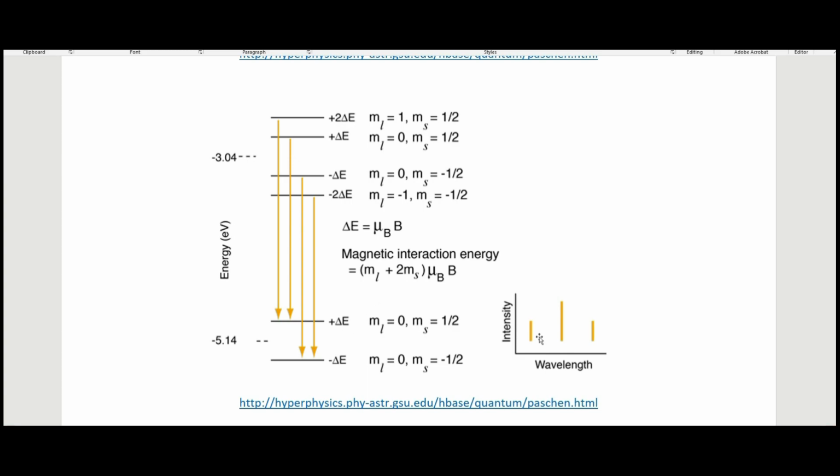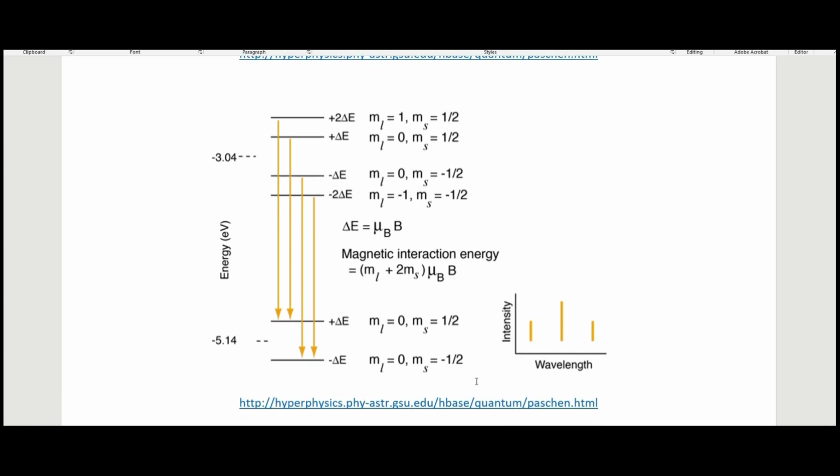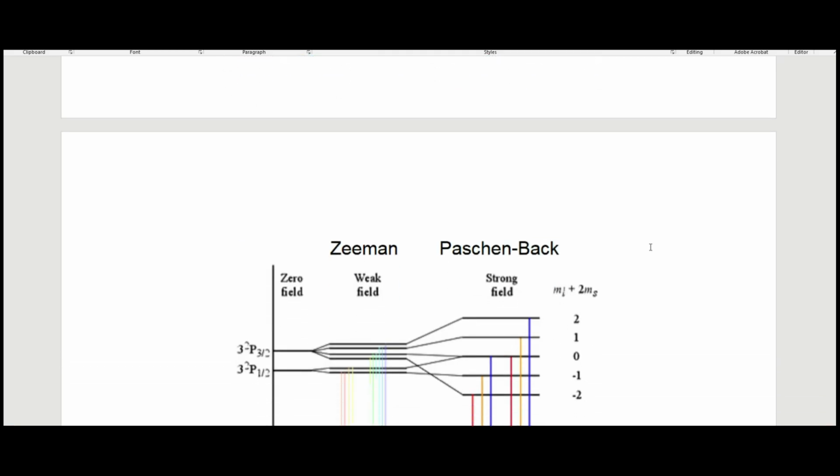And so what we actually see, we get these three lines, but this center one here is actually greater intensity. And so again, these are from the hyperphysics, and you can check that out. You can click these links in my lecture notes if you want to.